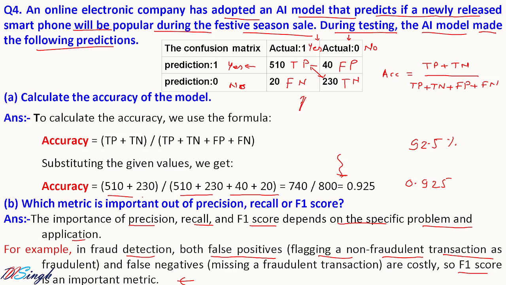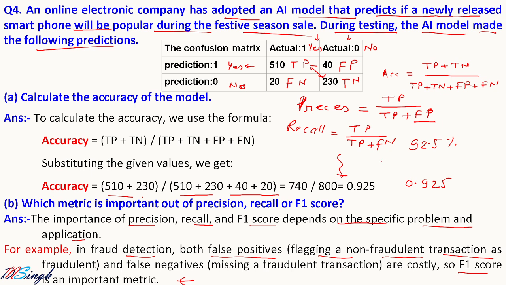Remember that in precision, the formula is TP upon TP plus FP. So it takes into account false positive cases. And for recall, the formula is TP upon TP plus FN. It takes false negative cases into account.